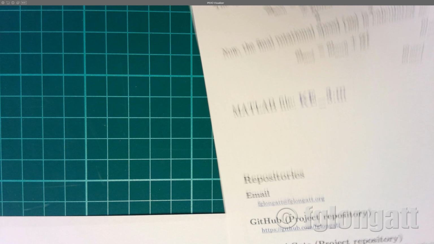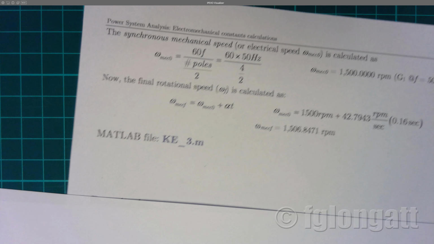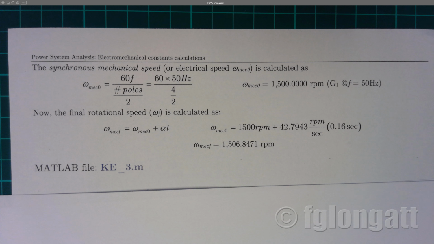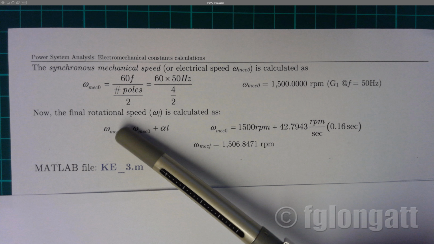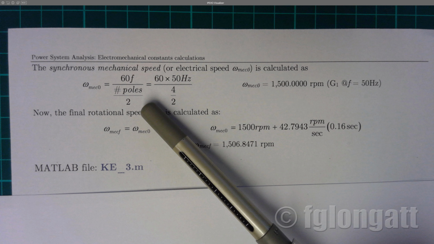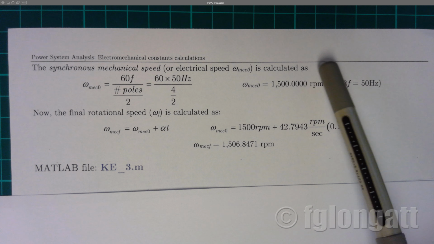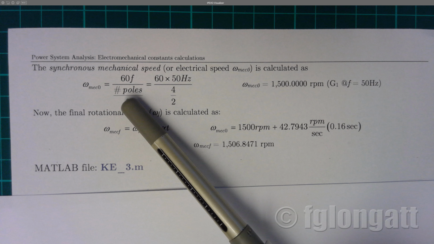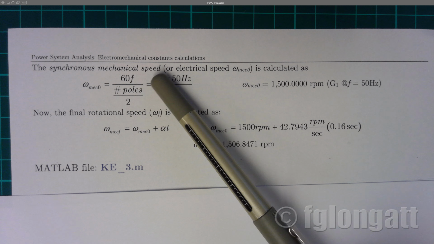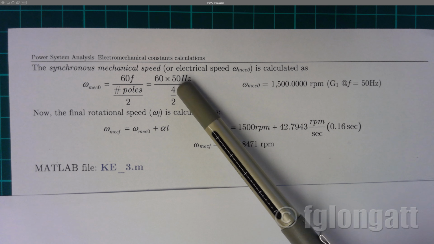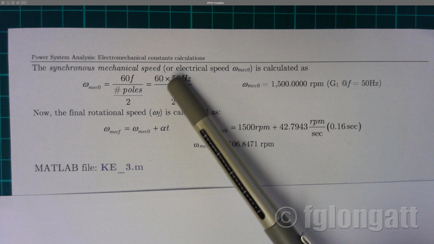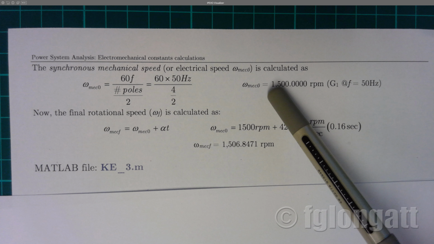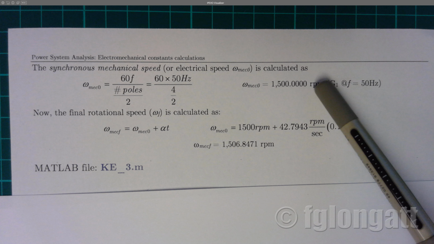The final step is calculating the mechanical rotational speed. I am using the same equation that I have been using because I want the result in RPM. If you look over here, we put the constant 60, frequency is 50 hertz, 4-pole machine divided by 2 in the denominator, and this is the rotational speed of this generator.